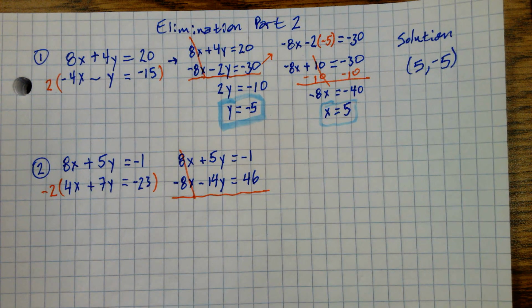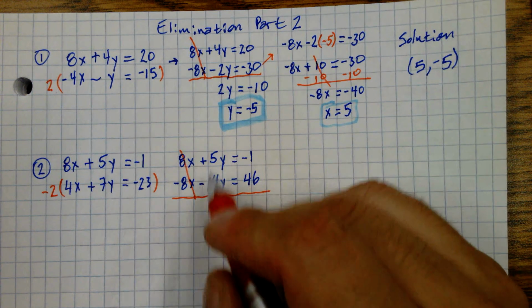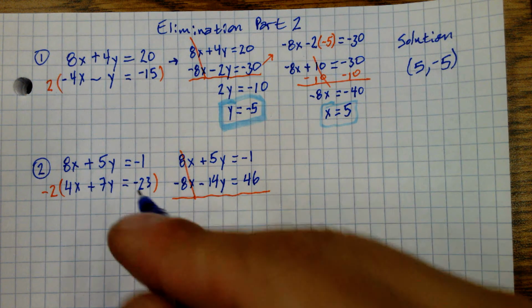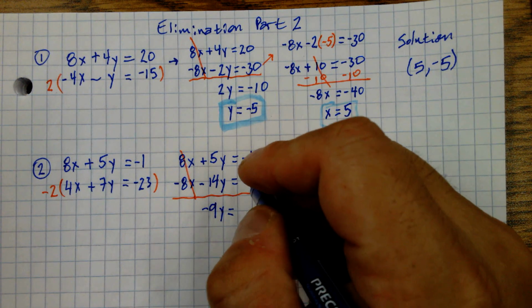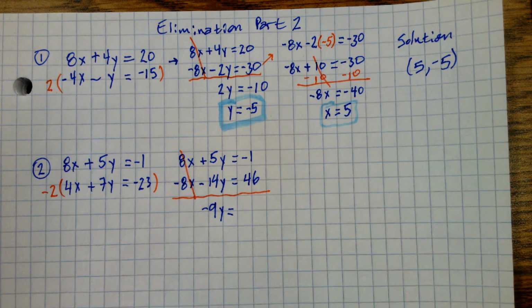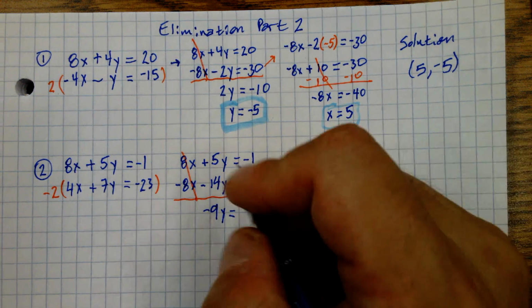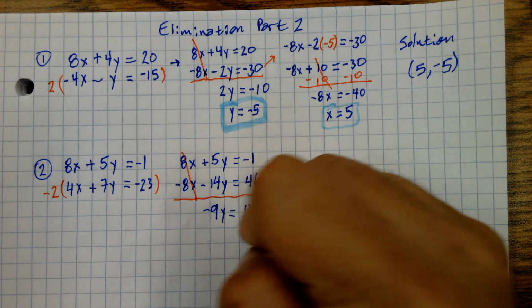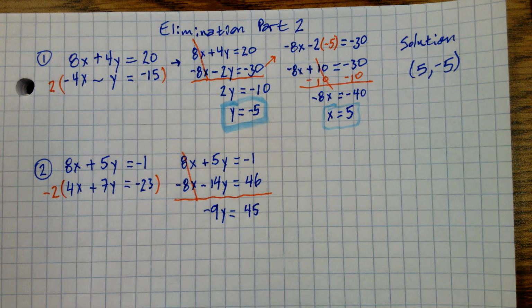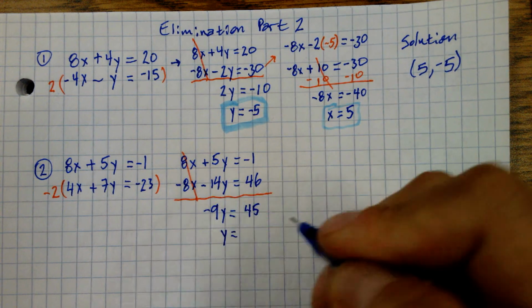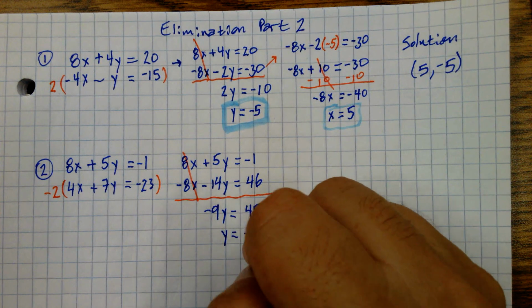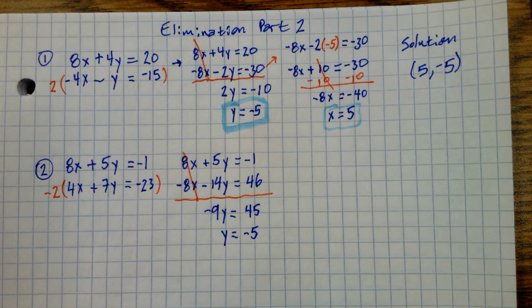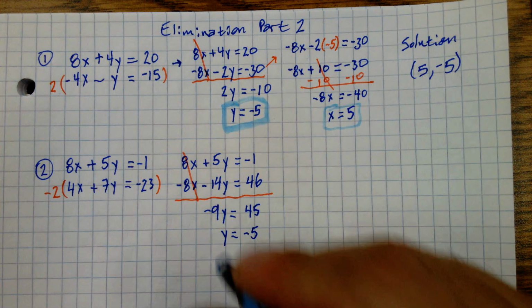So now we've got 5 and -14. What's that going to be? -9y equals, that works out nicely because this is 45. So -9 times something is positive 45. What's that going to be? -5. Okay. So we got -5 for y.